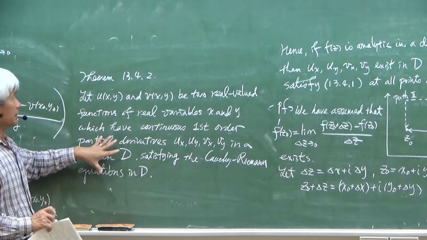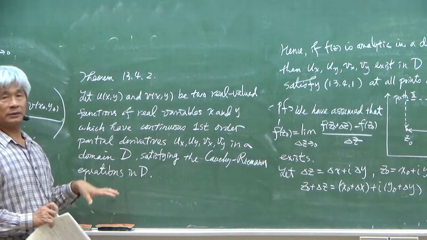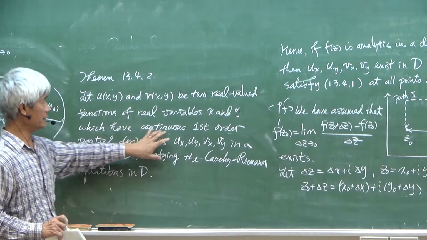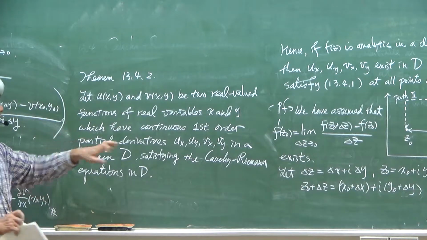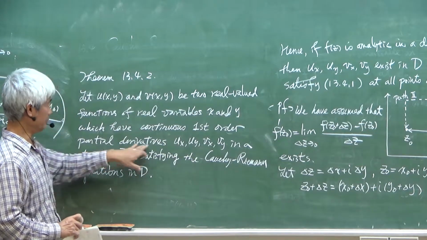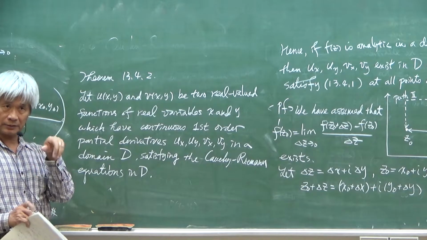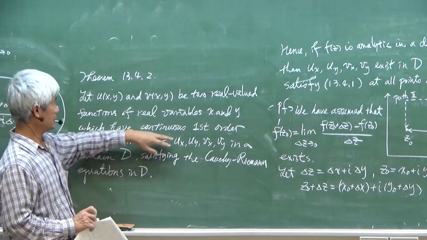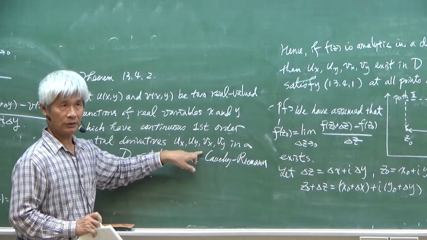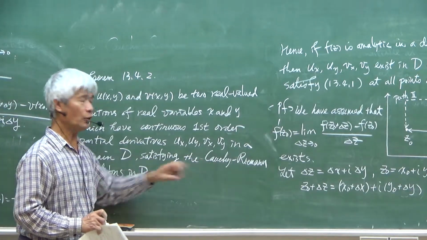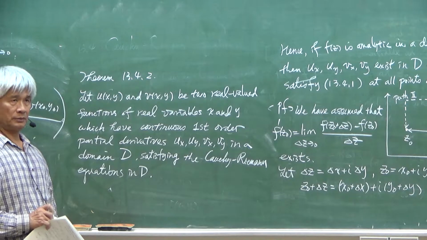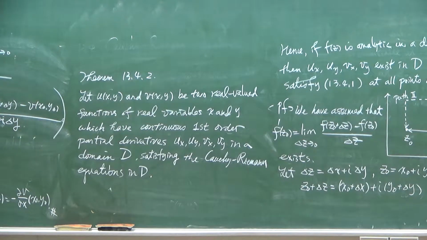Now we require these two functions u and v to have continuous first order partial derivatives in a domain D. And these four first order partial derivatives satisfy the Cauchy-Riemann equations.